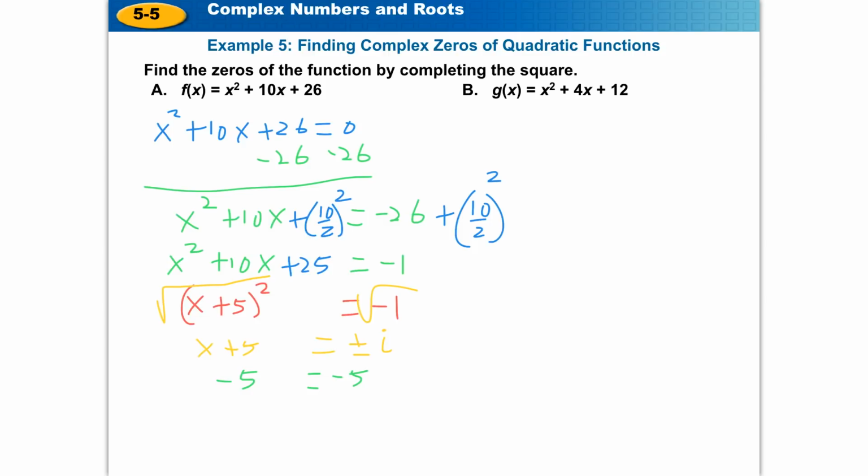So right here, the I and the negative 5 are not like terms. It's like a variable. Negative 5 is a number, and then I is kind of like your variable. So we can't put these together, but you have x equals negative 5 plus and minus I.